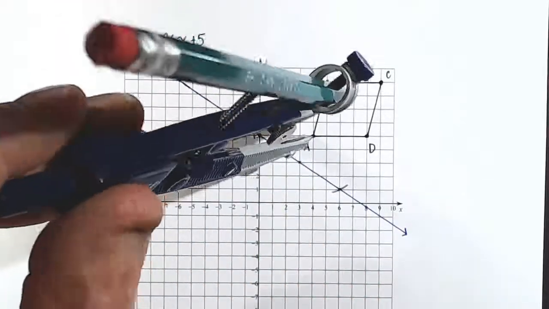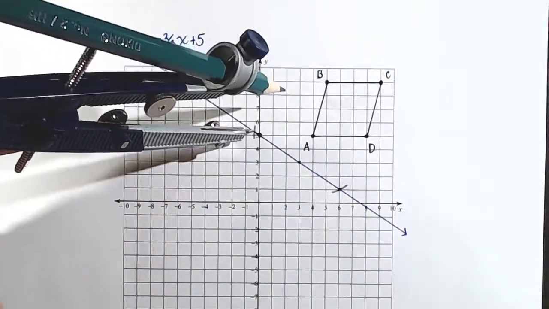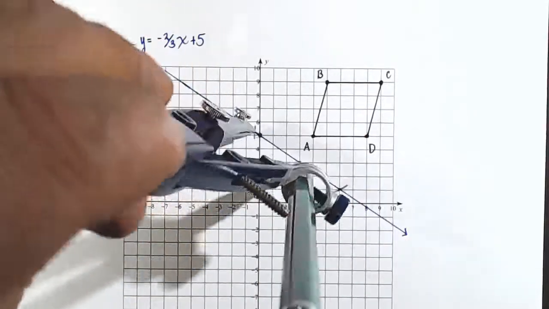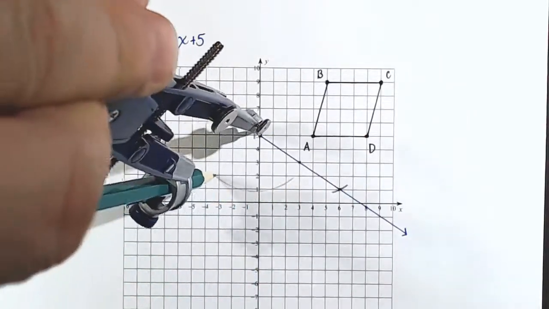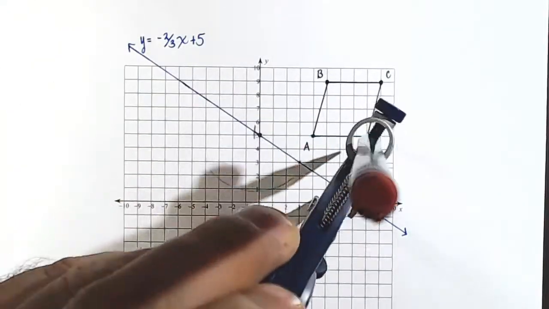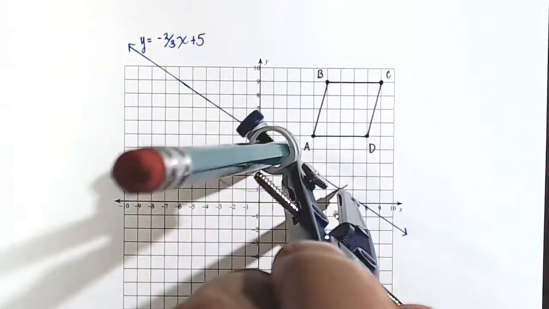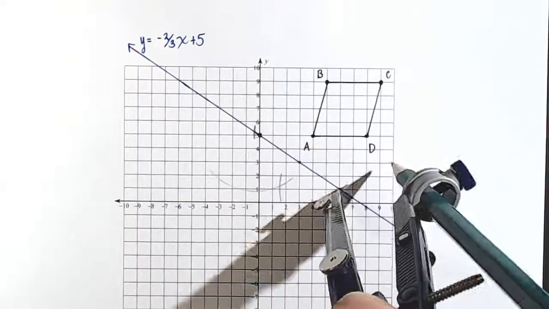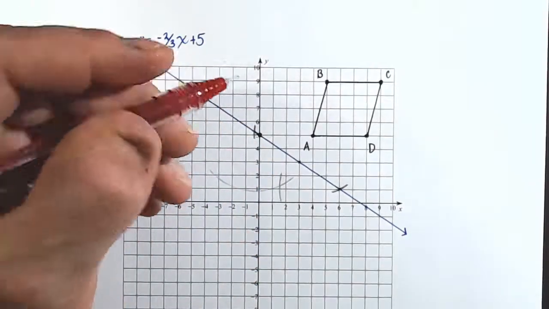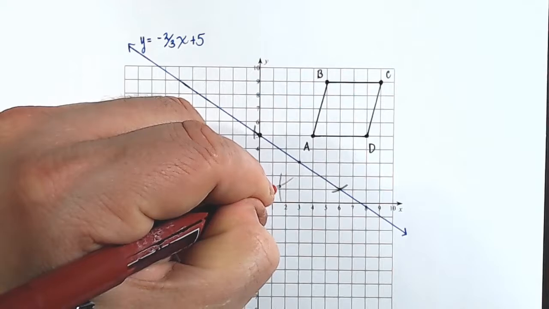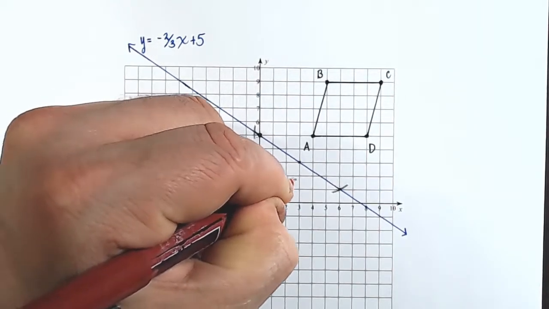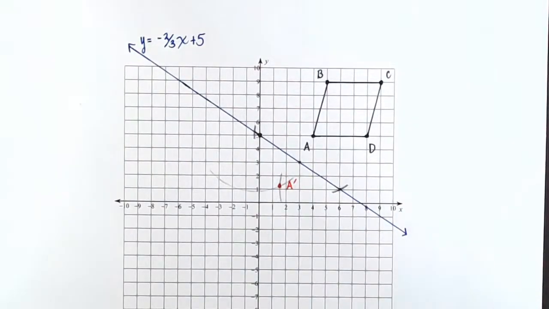Then I will take my compass point to each of those cross marks, and draw a larger arc like this, and this one as well. Okay, I see where they cross. That is point A prime. Okay, so we got A prime done.